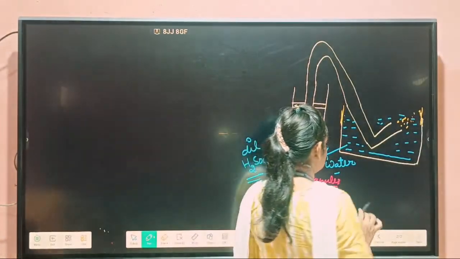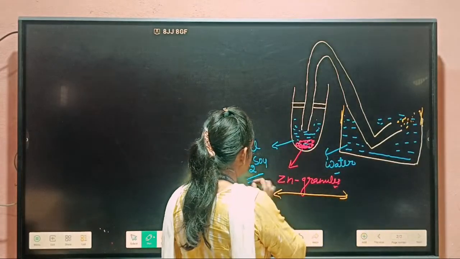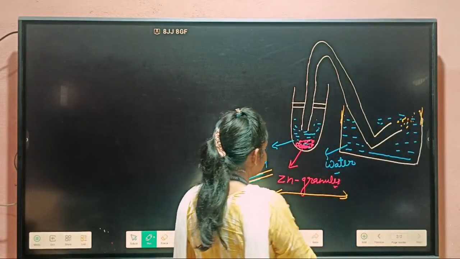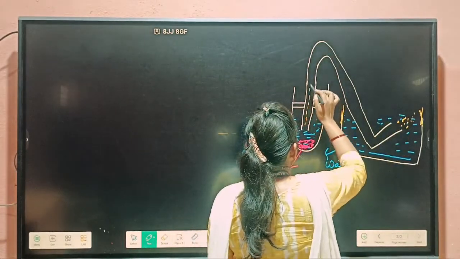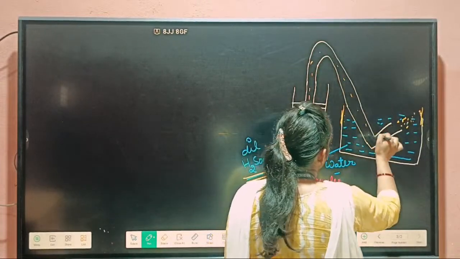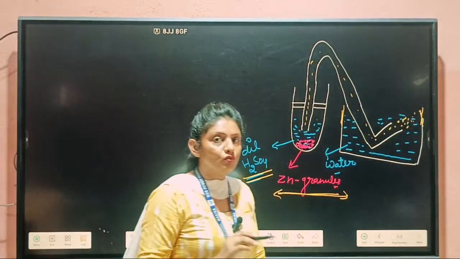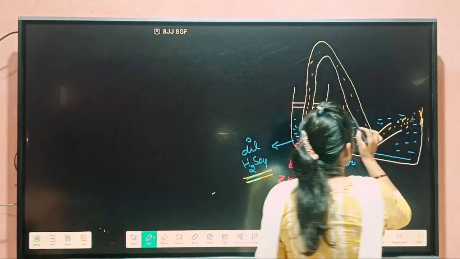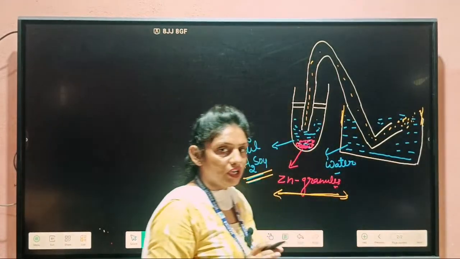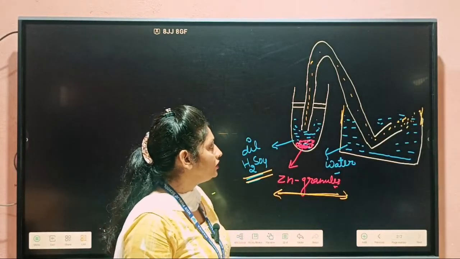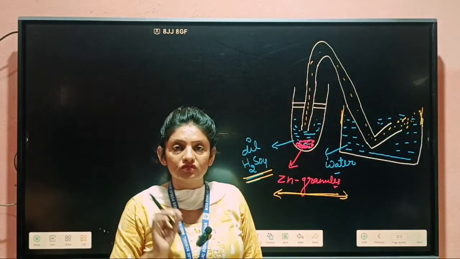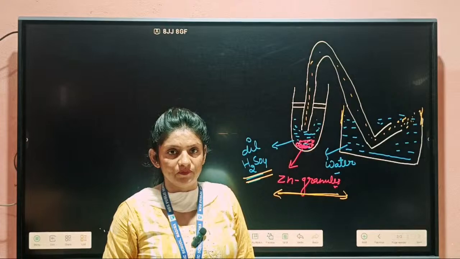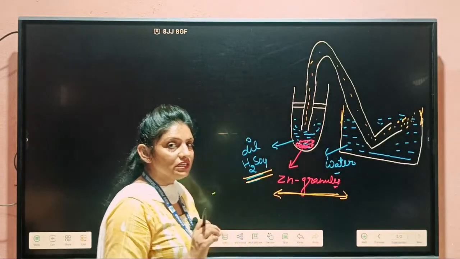So it is showing that after mixing sulfuric acid and zinc granules, some gas is being produced here, and due to production of this gas, this bubble production is taking place. Okay, gas will be produced here, we have confirmed that. But is this gas hydrogen? How can you say that? Then students, we will see the properties of hydrogen gas.